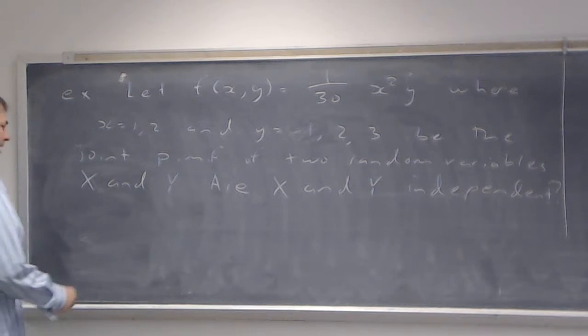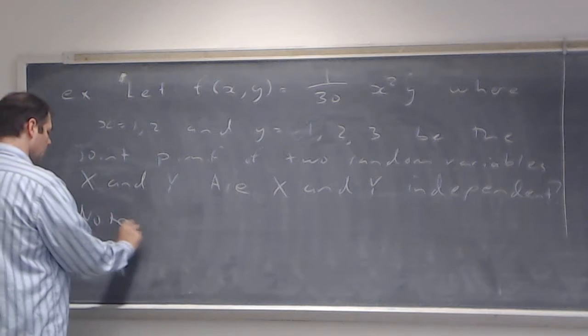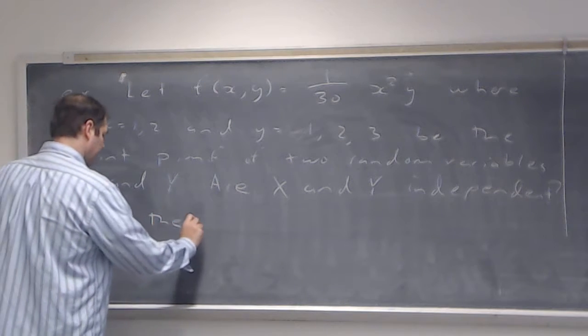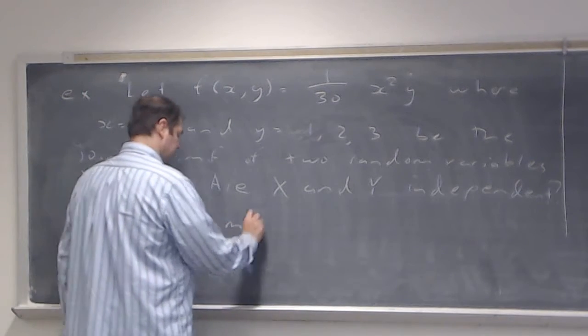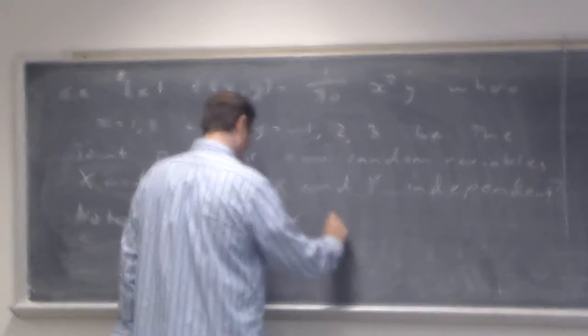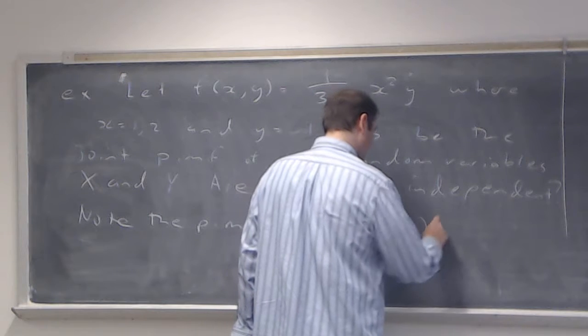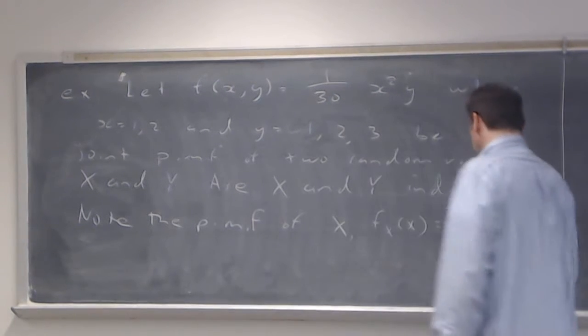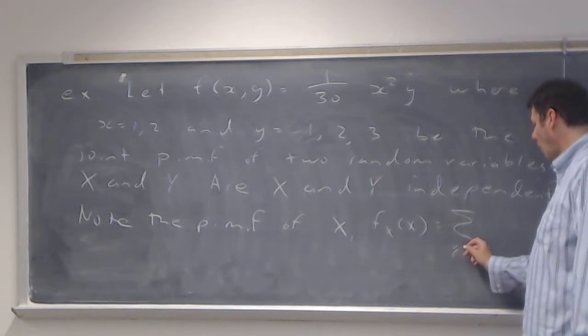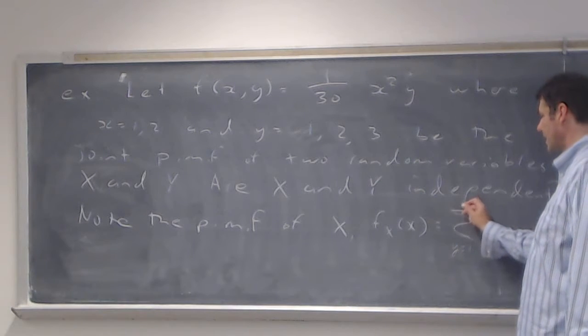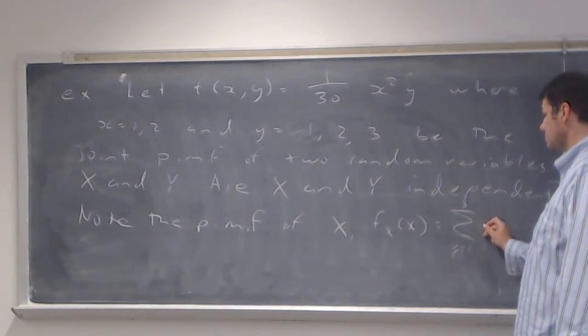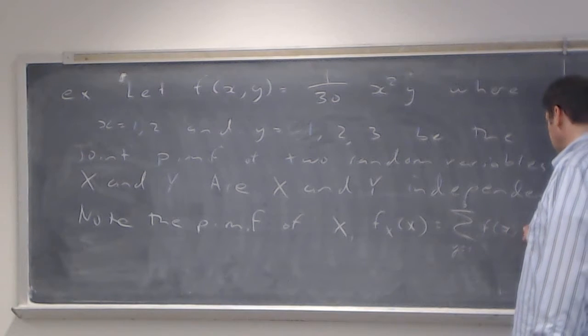Okay, so we need to calculate the PMF for x, let's start with that. So f sub x of x, if you remember, is the sum over all y values, so that's y running from 1 to 3, of the joint PMF, f of x comma y.